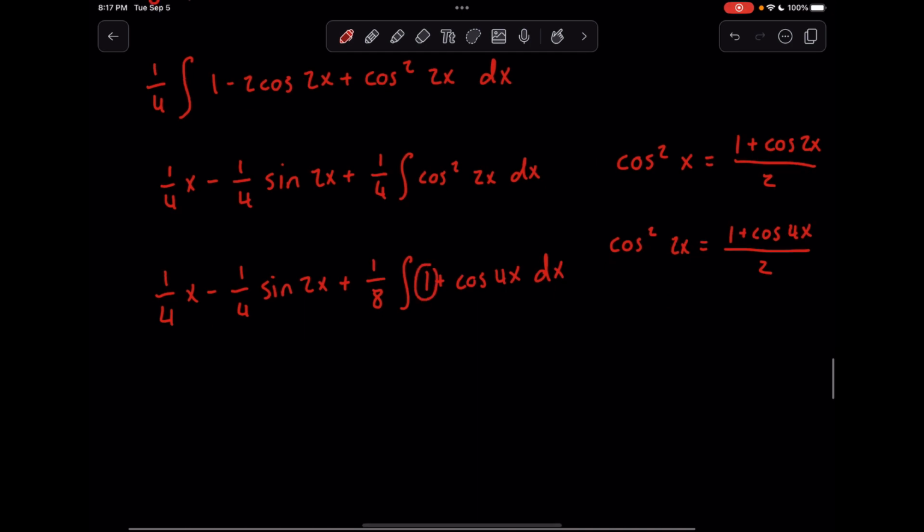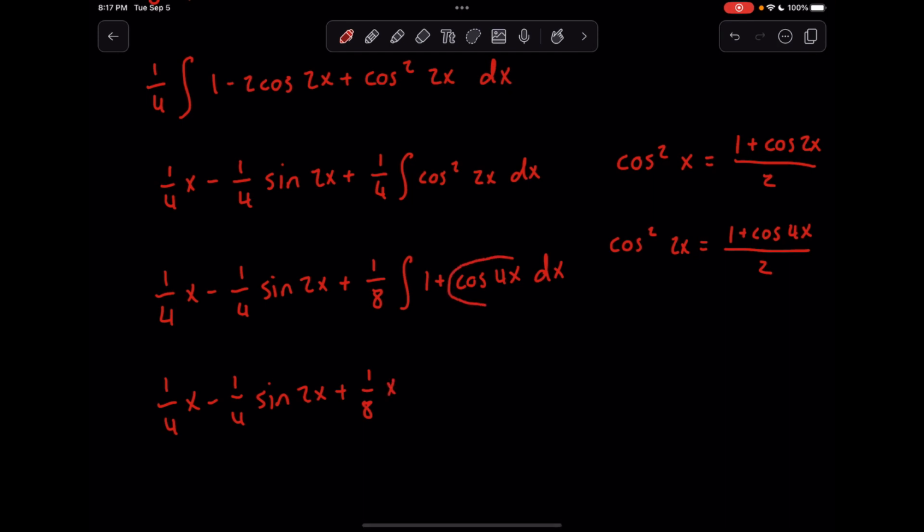So from here, the integral of 1 will just be x. So let's go ahead and rewrite again everything that we have. And that was 1/8 times x. And when we do a u sub with cosine of 4x, we're going to be dividing by 4. With the 1/8 coefficient, that'll be plus 1 over 32 sine of 4x.